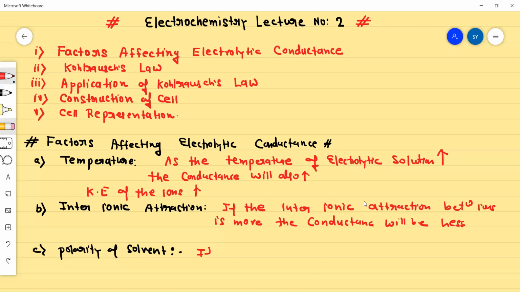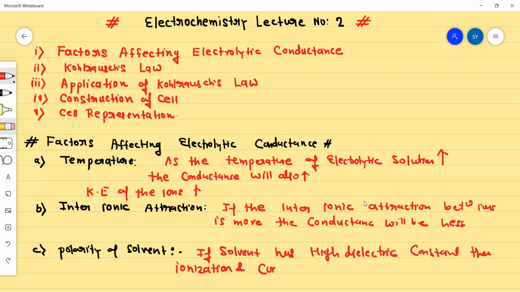If the solvent has a high dielectric constant, then ionization and conductance both will be high. So this is the third factor.